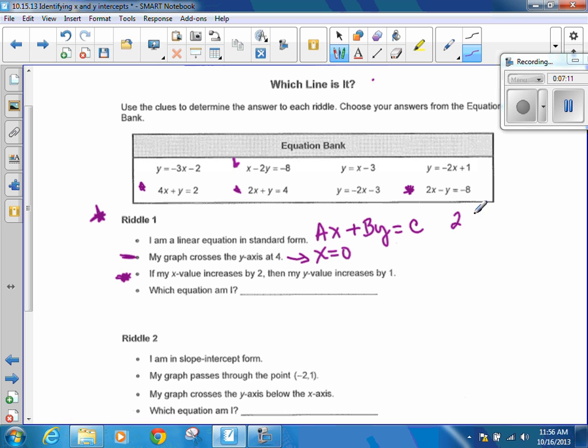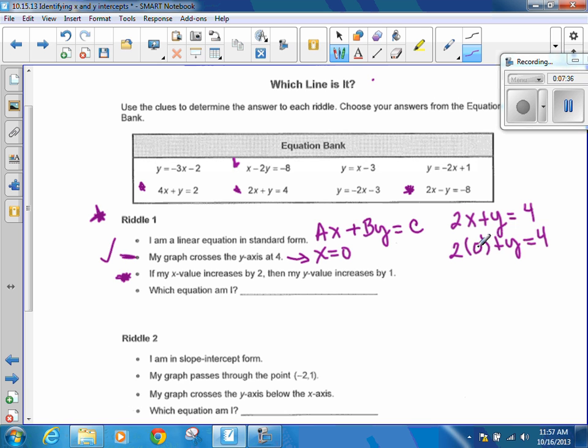Okay, so if I use 2x plus y equals 4, how do I determine if it's actually going to cross the y-axis at 4? What do I have to do with my x? Plug 0 in. Plug 0 in, and then y equals 4, so that's true for that graph, okay? Then I have to figure out if my x value increases by 2, does my y value increase by 1?